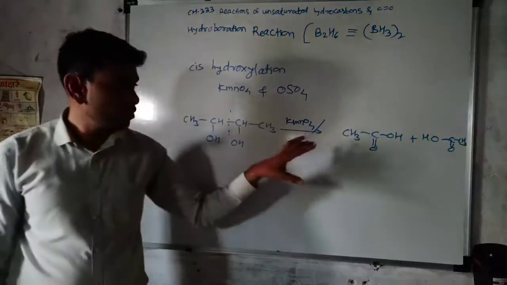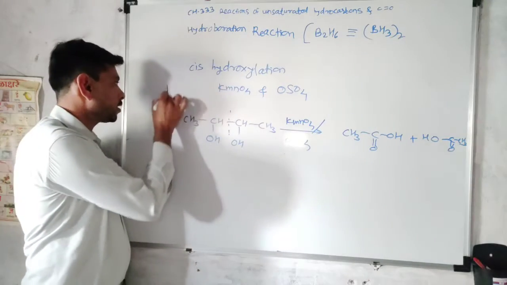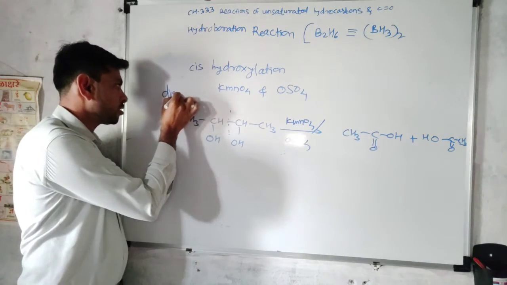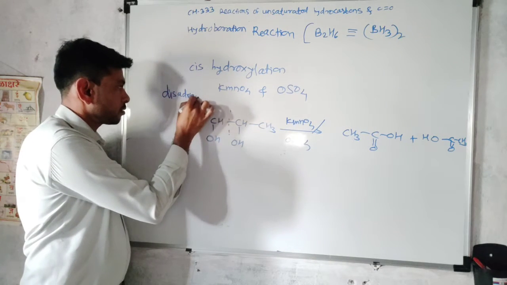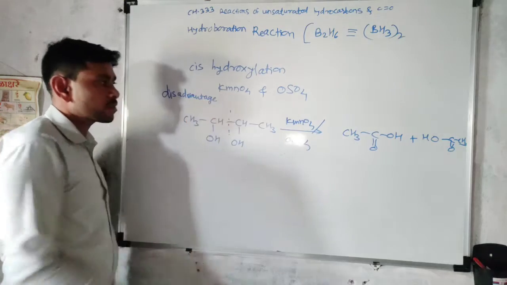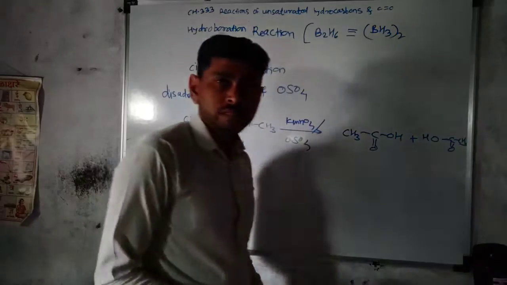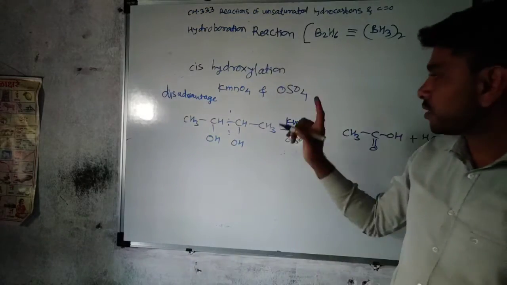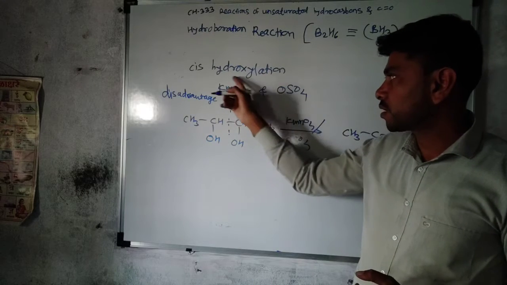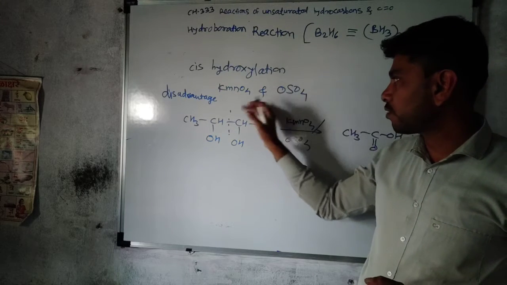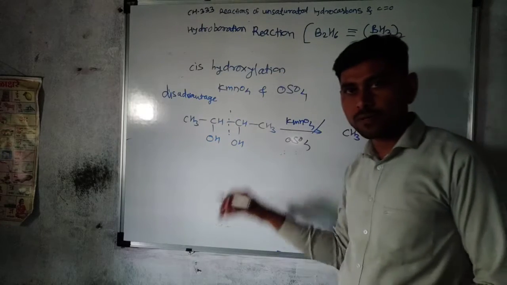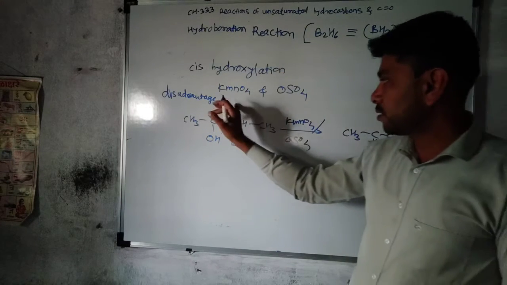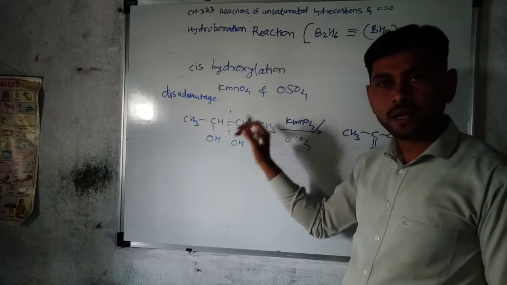Sometimes they may ask the question: what is the disadvantage of cis hydroxylation, or of diol formation using KMnO4 or osmium tetroxide? The answer is that it is difficult to stop the reaction at the diol stage.